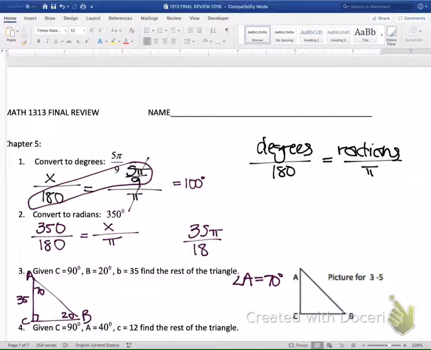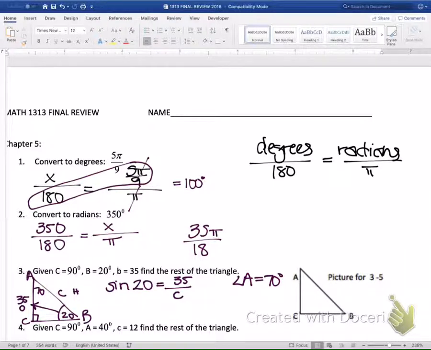It doesn't matter which one you do. Just for the purposes of argument, let's say we'll do C. From your angle 20, 35 is your opposite side and C is your hypotenuse, which means I would set up sine of 20 equals opposite over hypotenuse, which is what we're finding.